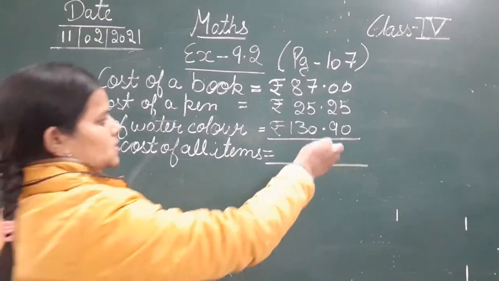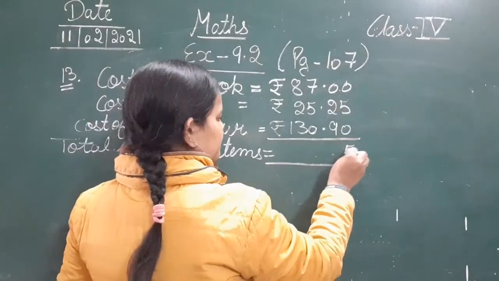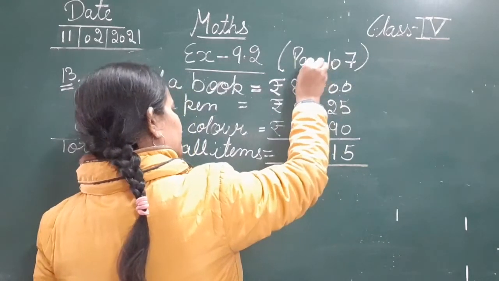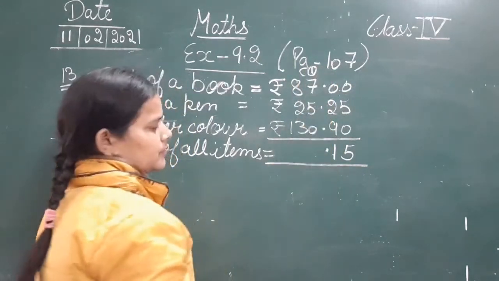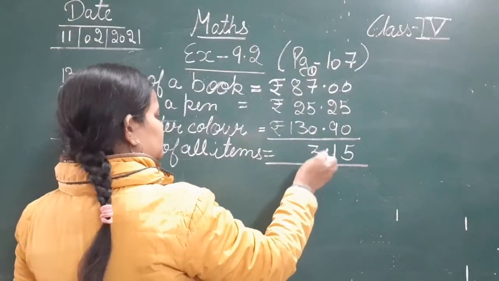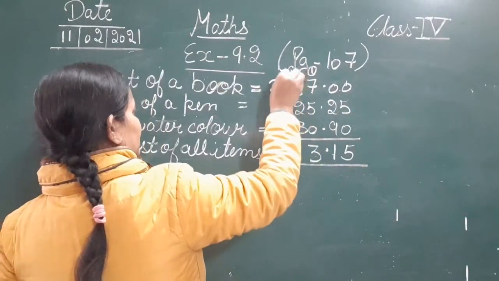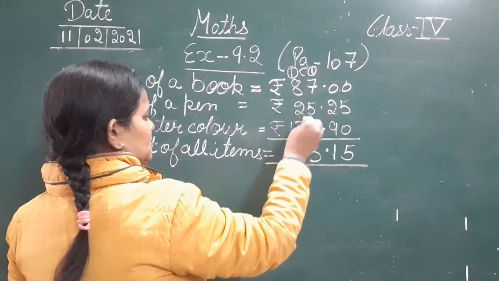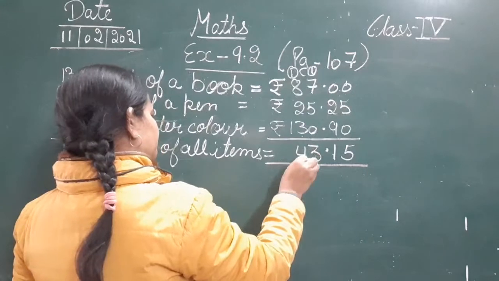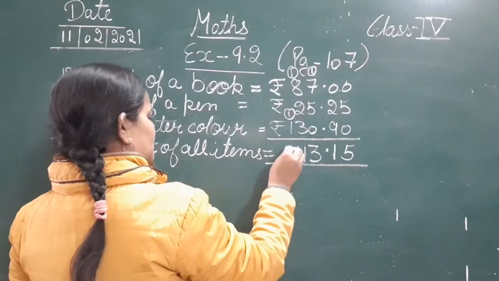0 plus 5, that is 5. 9 plus 2, 11. 1 will be carried to the next. 7 plus 5, that is 12. 12 plus 1 is 13. 1 will be carried next. 8 plus 2, 10. 10 plus 3, 13 plus 1, 14. 1 plus 1 is 2.